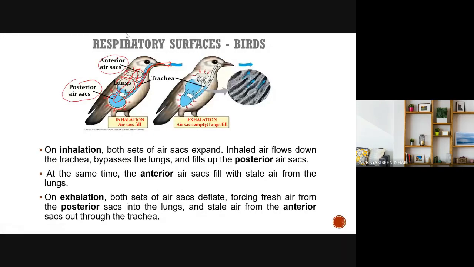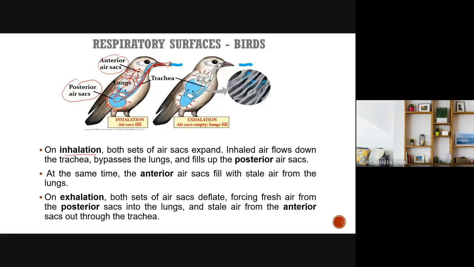So on inhalation, when the bird inhales, both sets of air sacs expand. The anterior and posterior air sacs will expand.